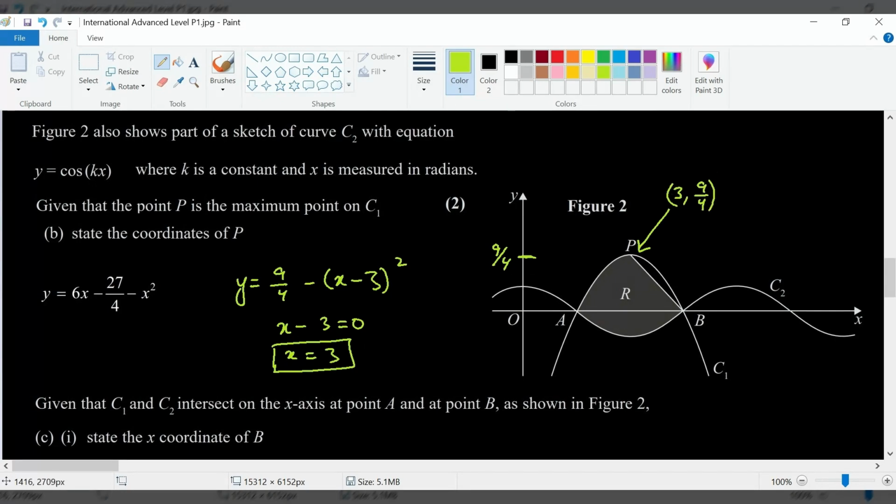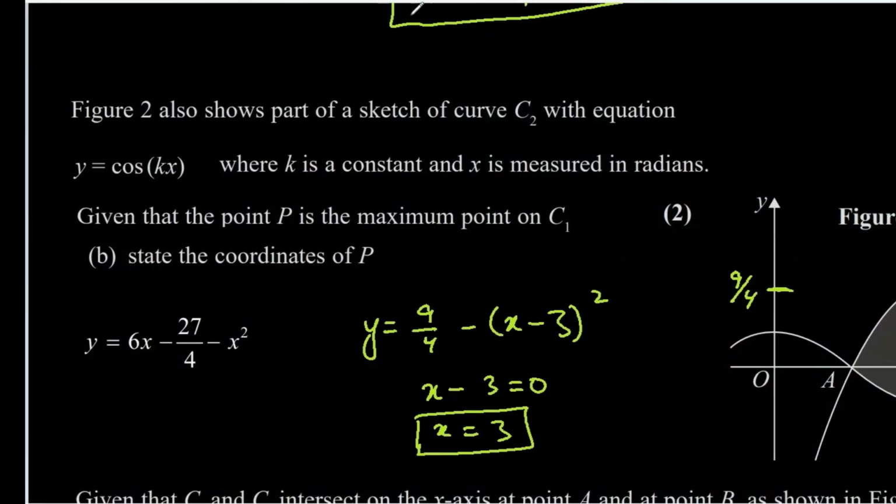This is the point. And now this point in the center is 3. X is 3. Now the position of point P we have already found out. So this was the answer for part B.